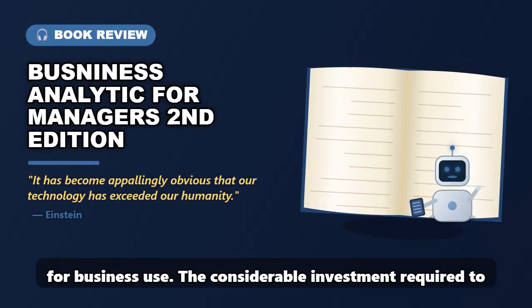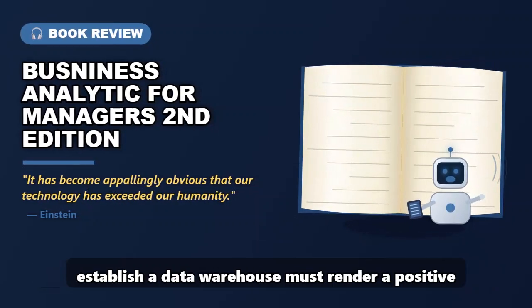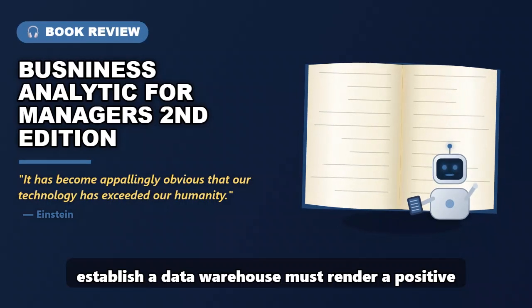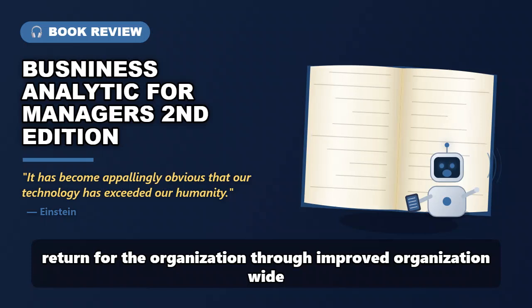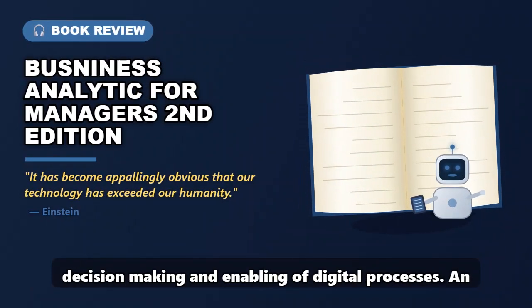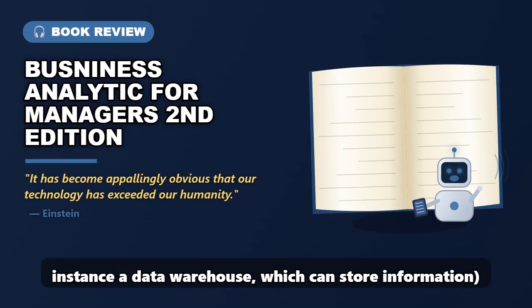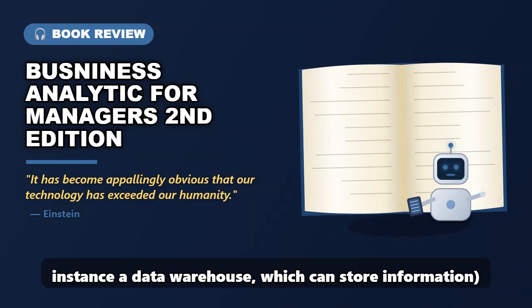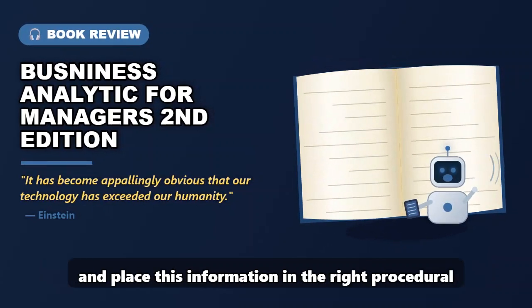The considerable investment required to establish a data warehouse must render a positive return for the organization through improved organization-wide decision-making and enabling of digital processes. An information system is therefore both a facility, for instance a data warehouse, which can store information, and a set of competencies that can retrieve and place this information in the right procedural context.